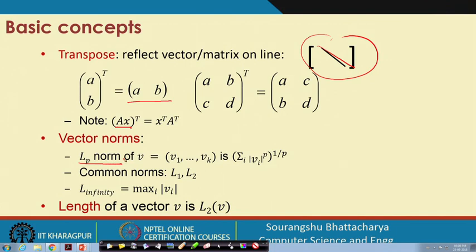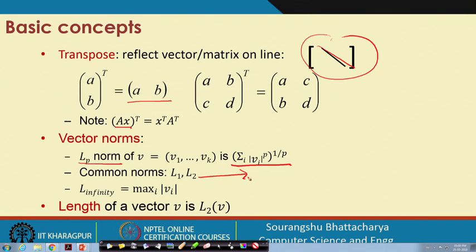Also note the definition for the vector norms. The Lp norm of a vector V with components V1 till Vk is given by the summation over i of mod of Vi to the power p, whole raised to the power 1 by p. We will commonly use the L1 and the L2 norms.